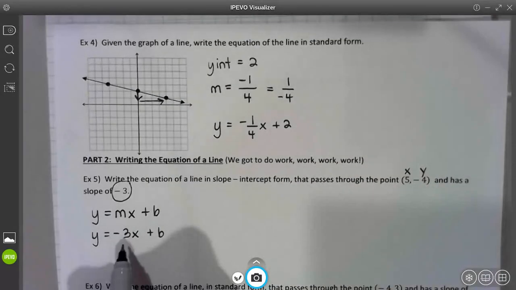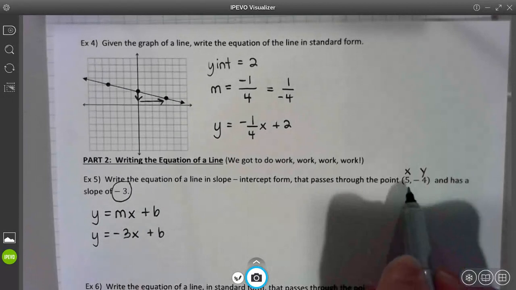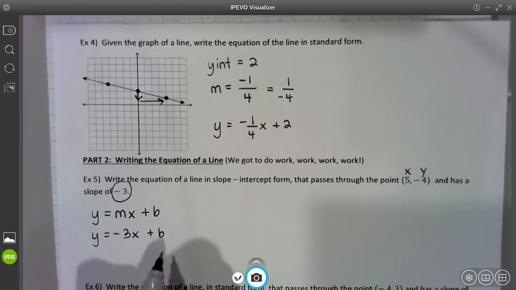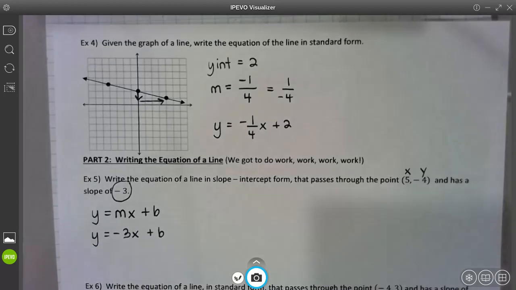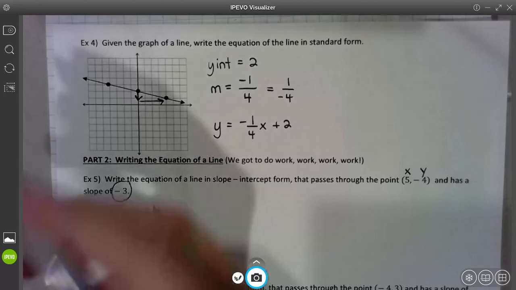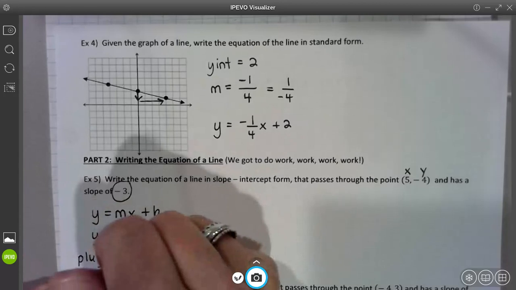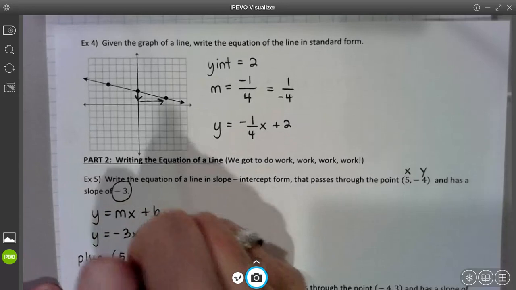So we're going to borrow this x value and this y value. We're going to plug them in for x and y so we can solve for the y-intercept of our line, because at the end of the day, we need the y-intercept. So we're going to borrow the point (5, -4).